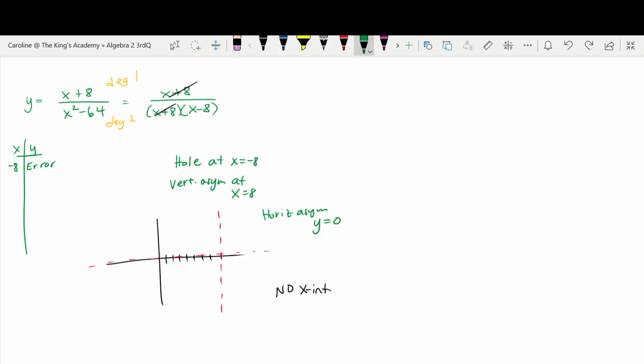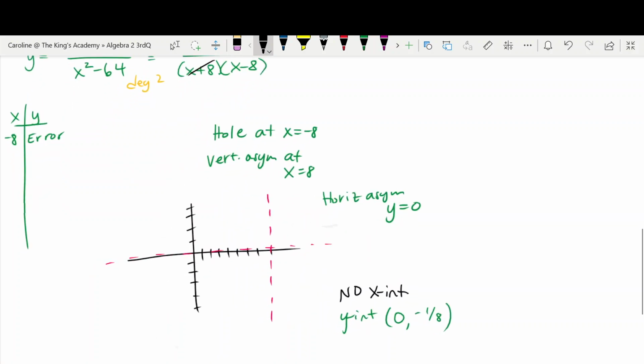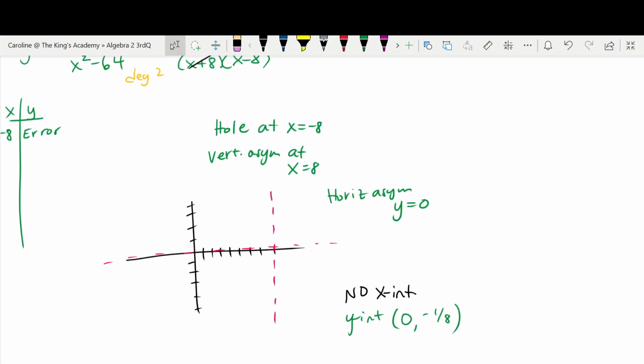And when I reduce that, my y-intercept is 0, comma, -1/8. Where is that on the y-axis? Barely, right? -1/8 would be barely right here. So now I have a little visual, a little clue, an intercept.